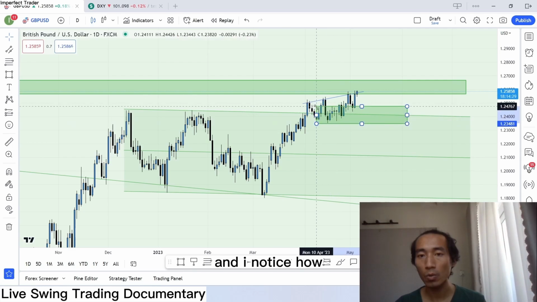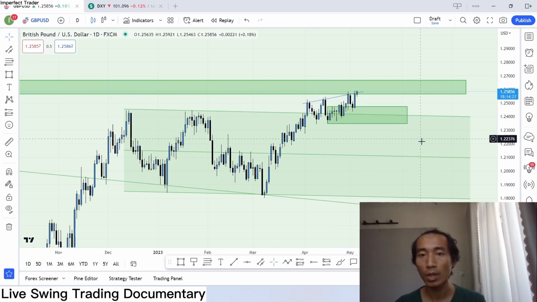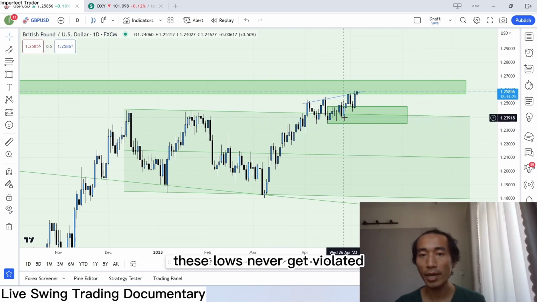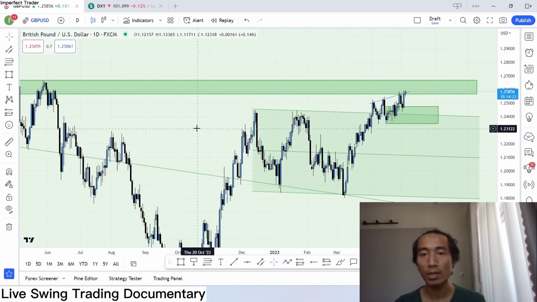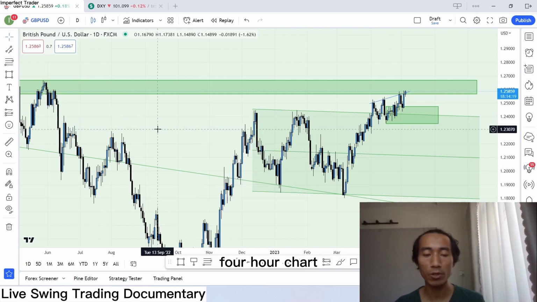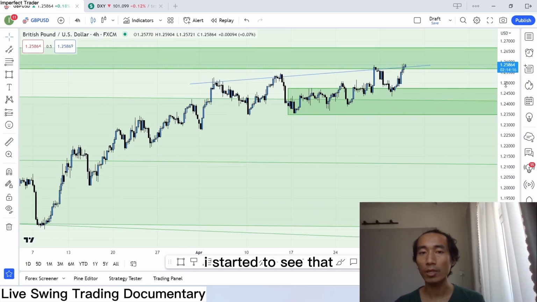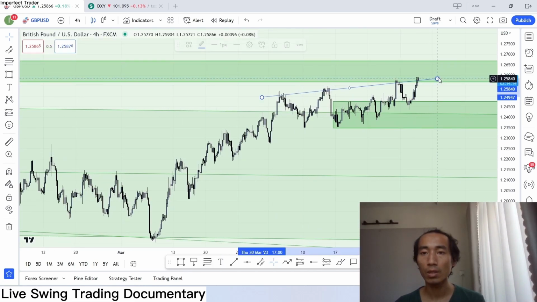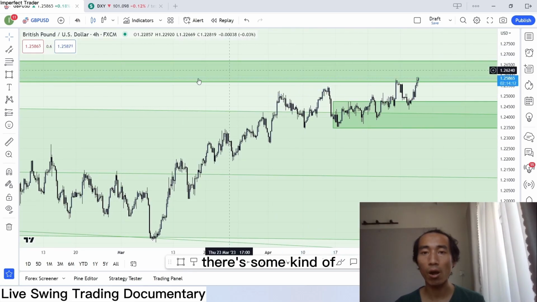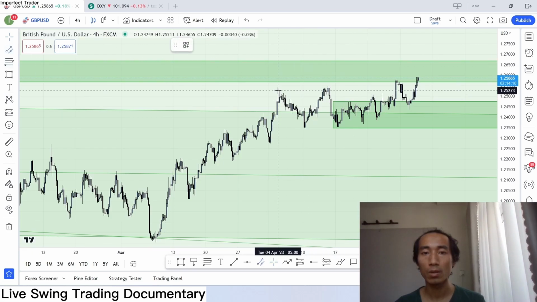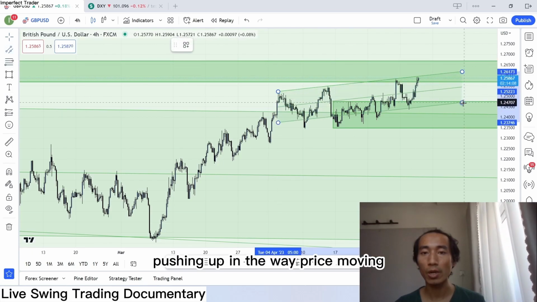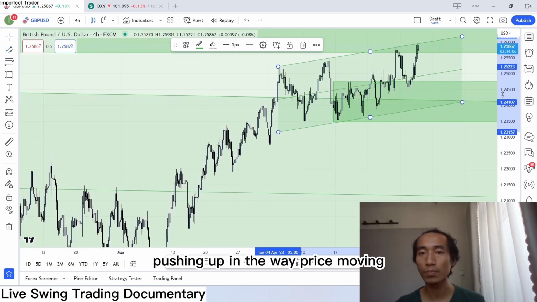And I noticed how the low never got violated. And then when I go to the 4 hour chart, I started to see that there's some kind of pushing up in the way price is moving.